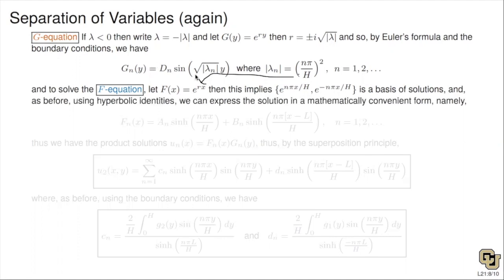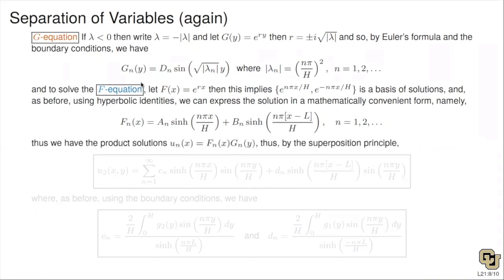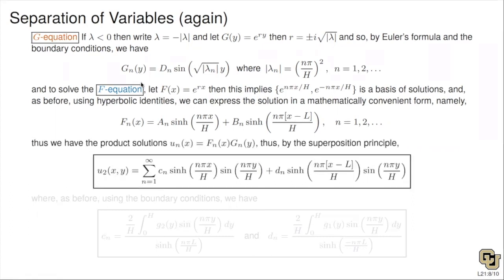And just like with the U1 solution, we write it as sinh of n pi x minus L, because we want terms that will disappear when x is equal to 0 and when x is equal to L, so that we end up with a sine series so we can use orthogonality to solve for the unknown coefficients.